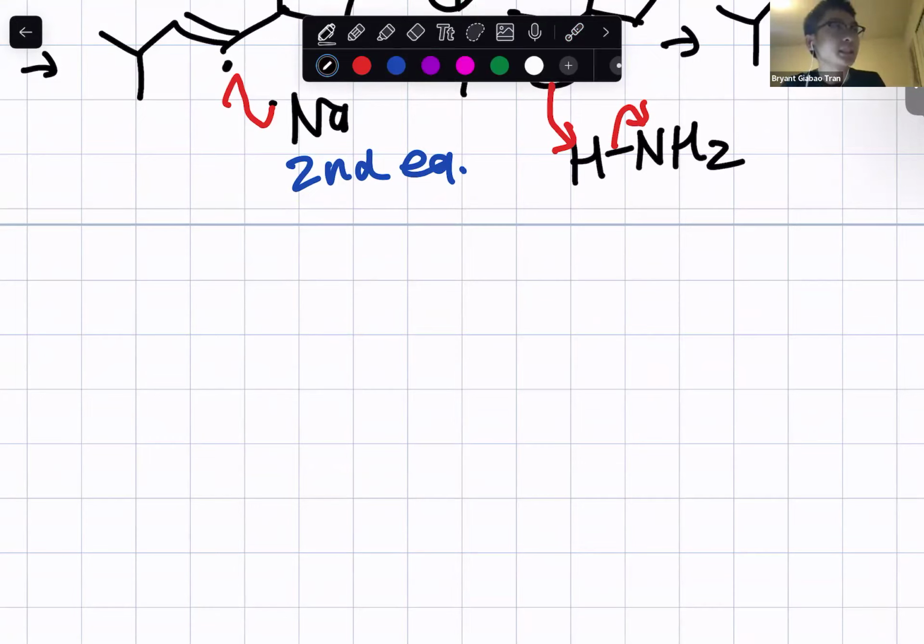Okay, aldehydes and ketones. Dang. Okay. Yeah, if you have any questions on aldehydes or ketones, feel free to text me here on Zoom or email me the problems that you need help on, and we can go over that as well.